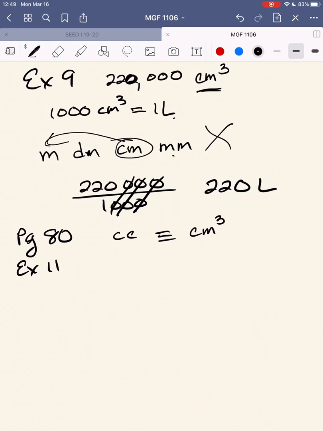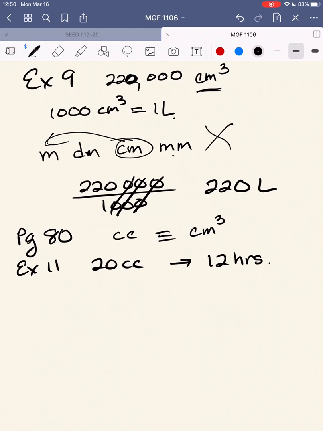A physician orders 20 cc's of an antibiotic, Omnicef, never heard of that, and it's going to be administered every 12 hours. How many milliliters of the drug should be administered? Well, I've got 20 cc's.